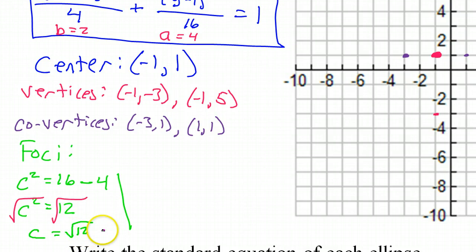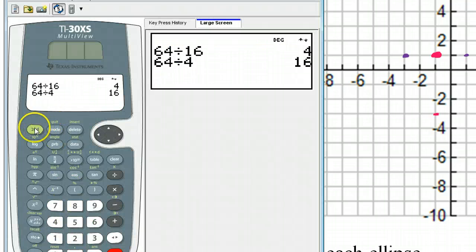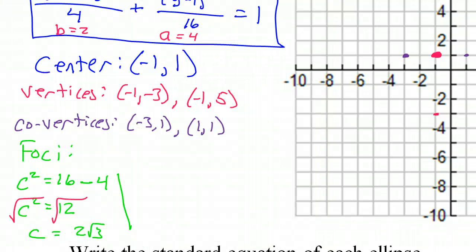But that's going to be 2 radical 3. I just had to check to be 100% sure. So that is our c value.